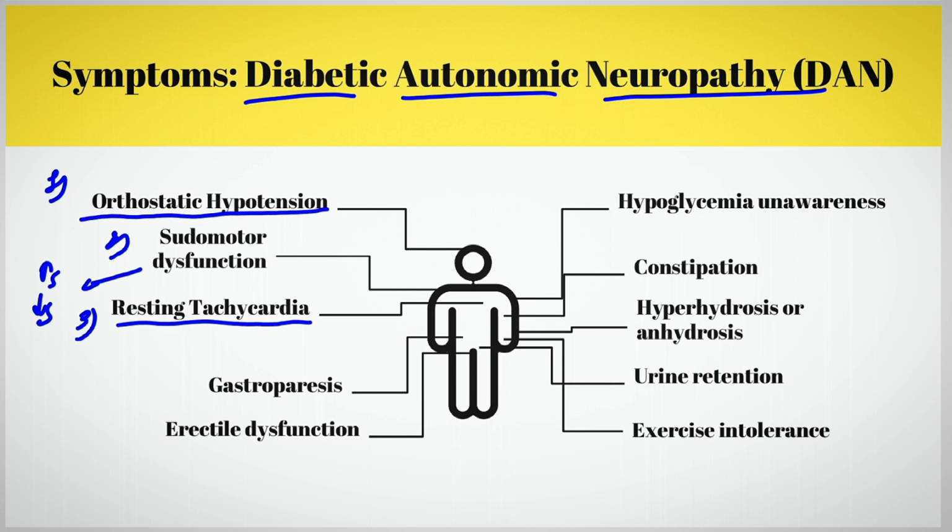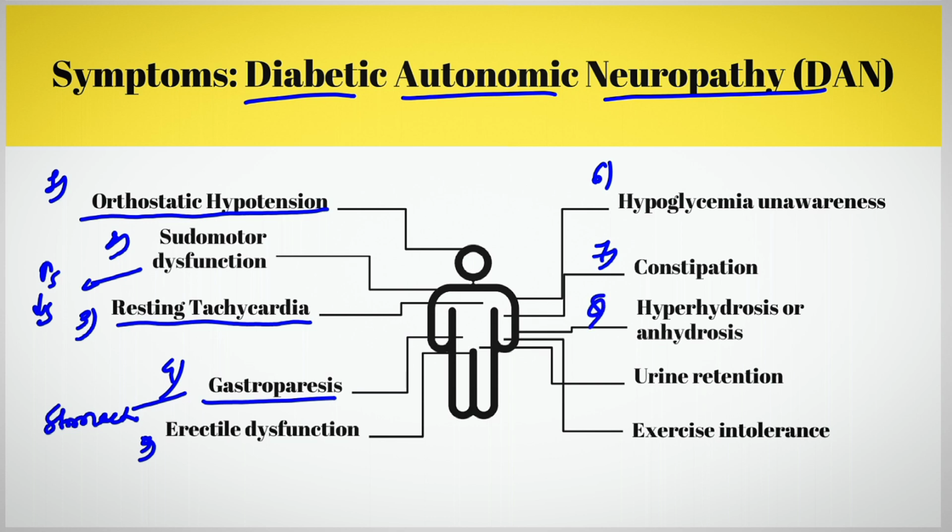The fourth condition is gastroparesis. It is a condition when there is paralysis of the stomach, which leads to food sitting in the stomach for a very long time, and ultimately leads to indigestion. There can be erectile dysfunction in such neuropathic persons also. A person can have hypoglycemia unawareness, and constipation can be there.